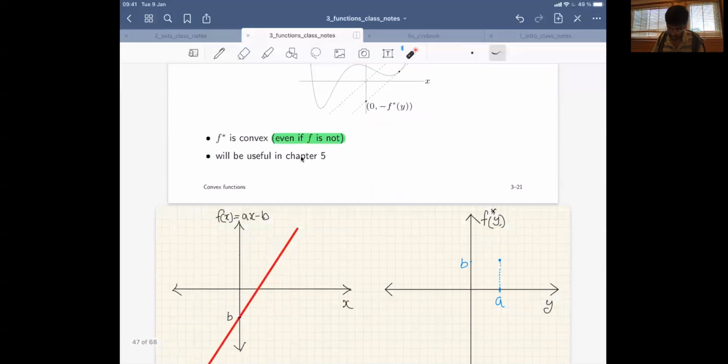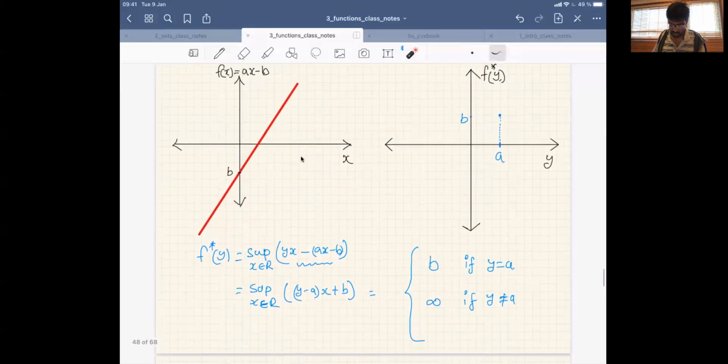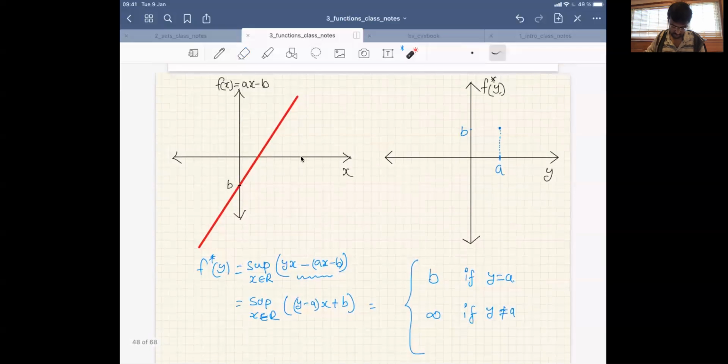Let's take another example, more easy, so we can have a graphical interpretation. So let's consider a simple function f of x equal to ax minus b. Okay, so first before going to graphical interpretation, let's see how we can evaluate. So we know the formula f star y equal to the supremum of yx minus (ax minus b).